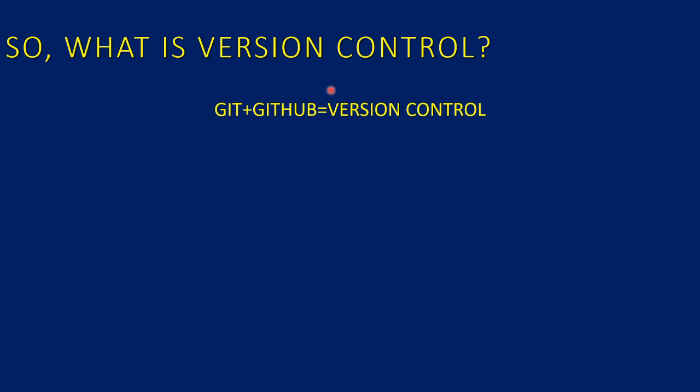You'll have different snapshots of your code every time you make changes. So you can say I have version 0, 1, 2, 3, 4, and the list continues. That's what is called version control. You'll get a better understanding of this as we continue with the lessons.